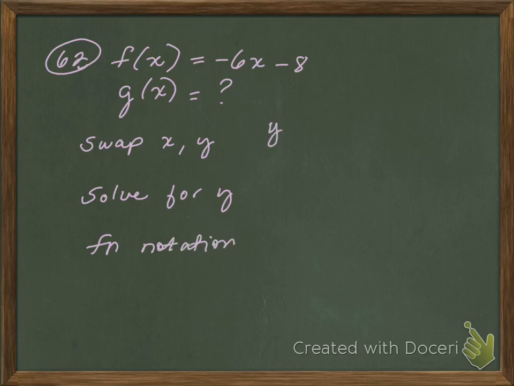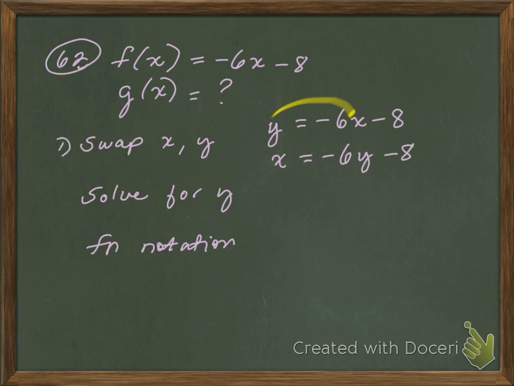So here I start with y equals negative 6x minus 8, right? What I'm going to do here is swap those two, so y becomes x and x becomes y. So that's your first step. Once you swap x and y, you're going to solve that resulting equation for y. So you want y all by itself, everything else gets shifted over. So first of all, I'm going to add the 8 to the left, and then finally divide both sides by negative 6.